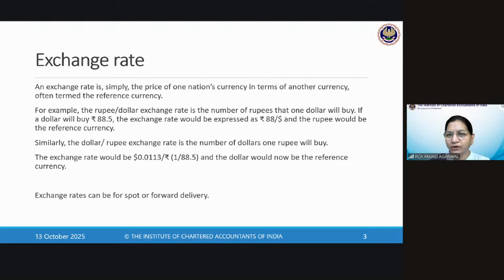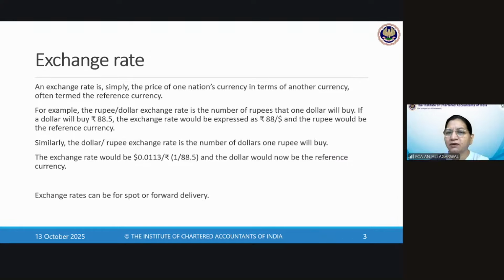So if we use the dollar against the Indian rupee, then Indian rupee becomes the reference currency, and 88 or 88.5, whatever the rate is prevalent today, that is the exchange rate for dollar, $1 against the home currency of Indian rupee.